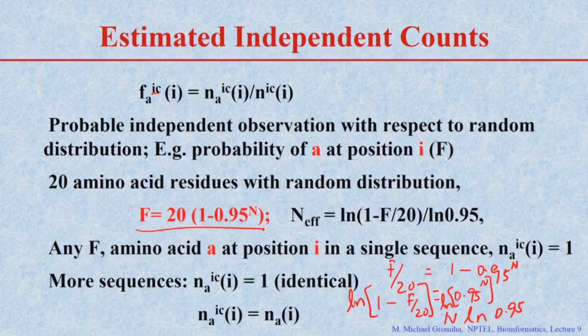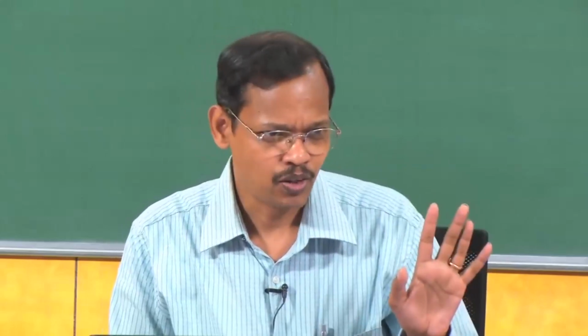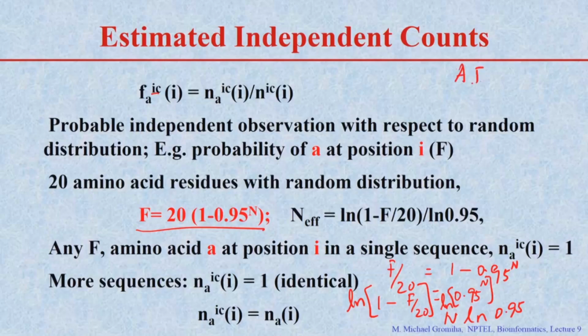Then if you have more sequences, for example 20 sequences, and you add one more sequence, there are two possibilities. One possibility is that it could be the same amino acid, right. For example, if you have a sequence AITSTA, and we add a new sequence, there are two possibilities.